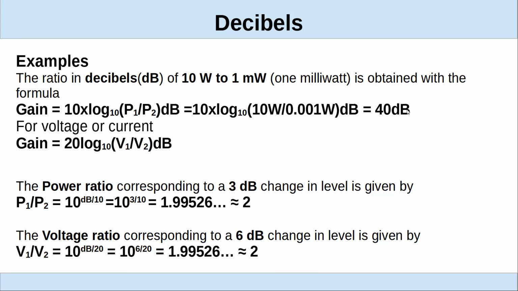So we get 40 dB. You've got 1,000th of a watt compared to 10 watts, which is 10^4 greater. So there's 4 decimal places between them. That's why it's 4, and then times 10.